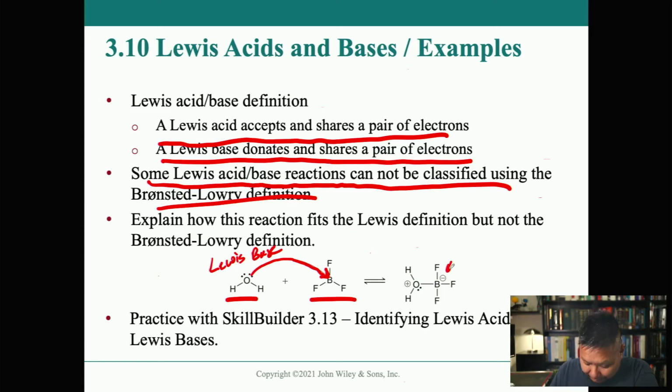And so that's why boron is the Lewis acid. It received electrons, getting the negative charge. The oxygen lost electrons. That's why it's got the positive charge, because they're both now sharing it. And you can't classify this as a Bronsted-Lowry reaction at all because no proton transfer was involved. It was only electron transfer.